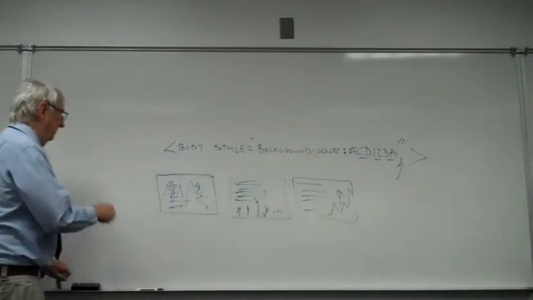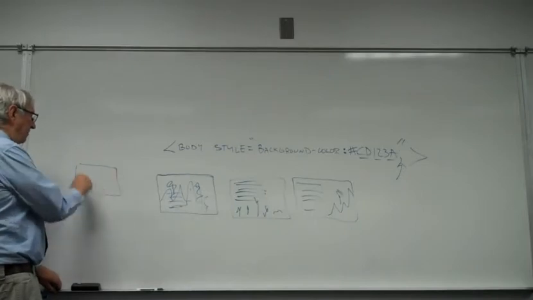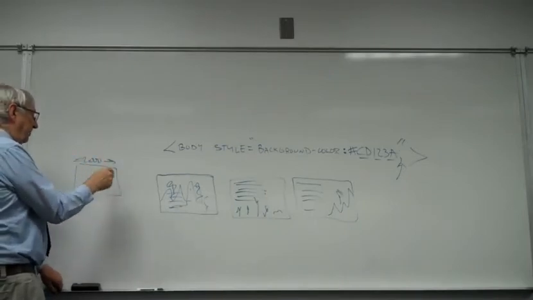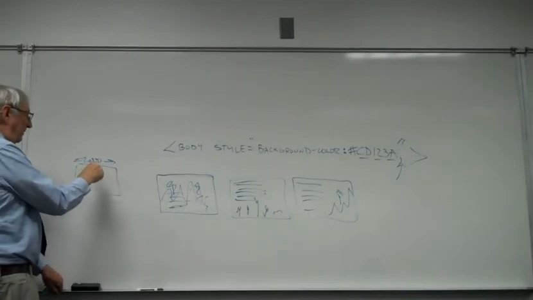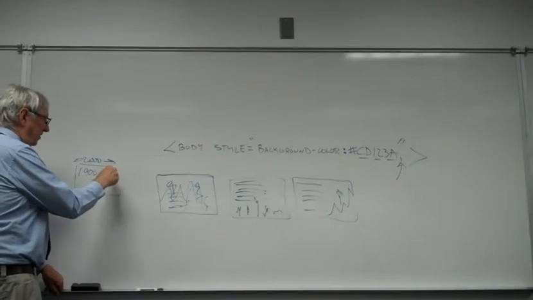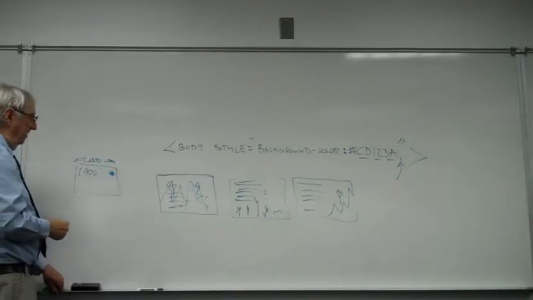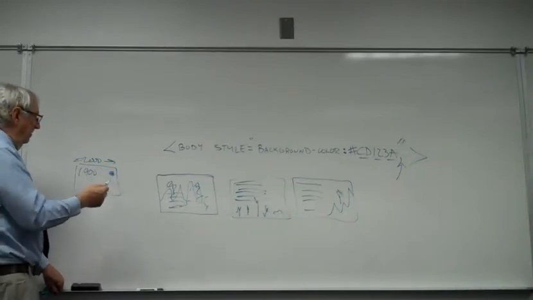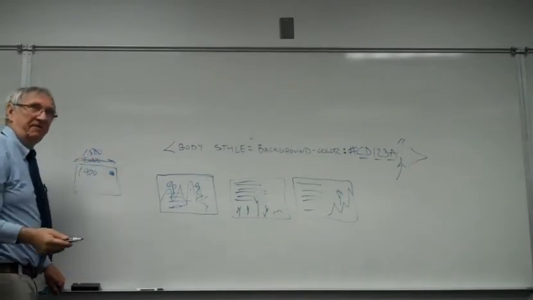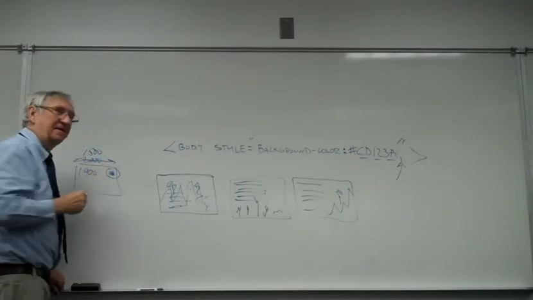If I had a screen that was 2,000 pixels wide like this, and I put something at 1,900 over here someplace, a dot or a picture or something, it might fit in my screen, but supposing someone's only got a 1,500 pixel wide screen, what happens to that thing then?